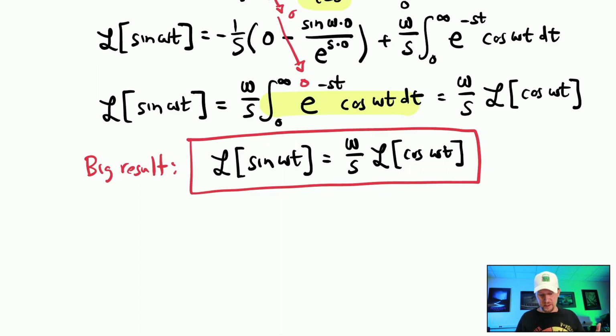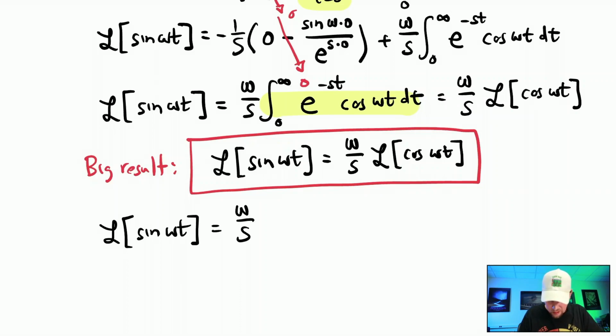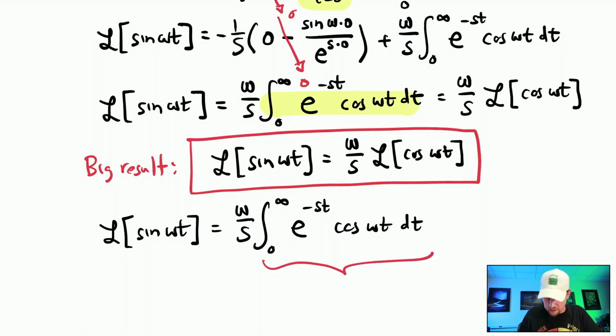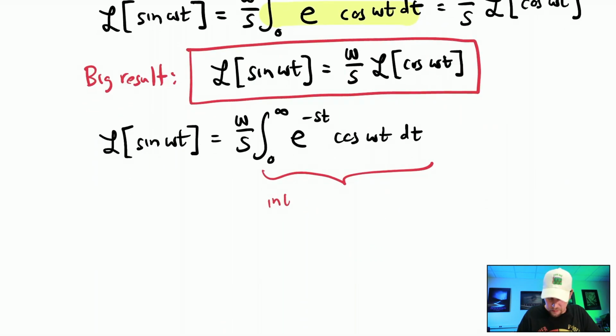But we want to keep on working with this. We can't just leave it at that. We know that now one is written in terms of the other. So one of the things we can keep doing is integrating. When we go back to our definition, we can integrate that by parts again. We're going to choose essentially the same u and dv that we had previously.